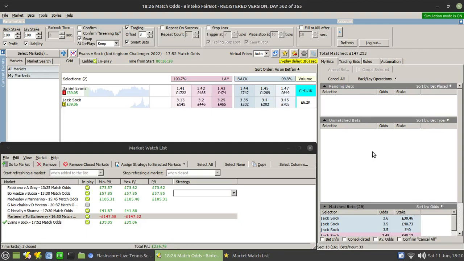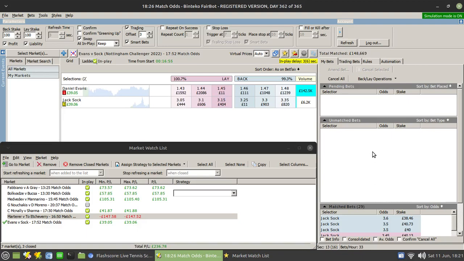One thing you should be aware of with the tennis markets, if you aren't already, they jump significantly depending on what's happening on court. So whenever a point is won, they'll jump a certain amount. When a game is won, particularly if it goes against the service, there's a big jump. And then, of course, when a set is won.